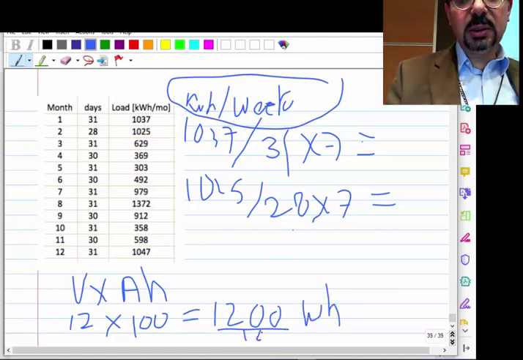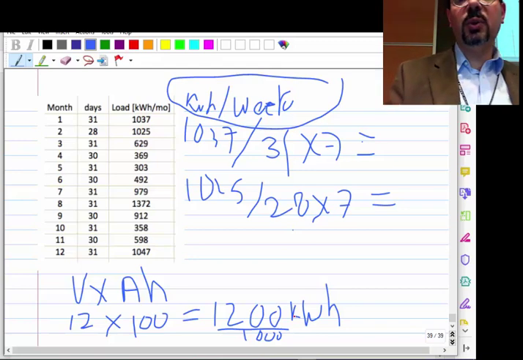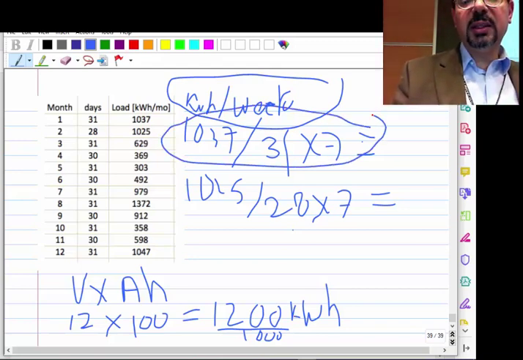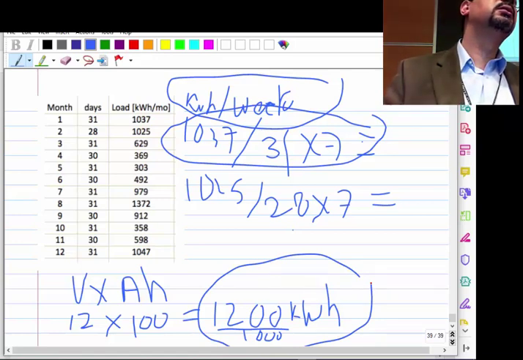Divide over 1000 and get yourself the kilowatt hour. That's how much every battery will store. So if I divide this number by this number, that will tell me the number of battery sets I need.